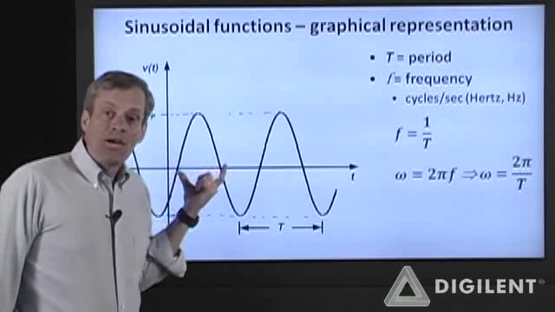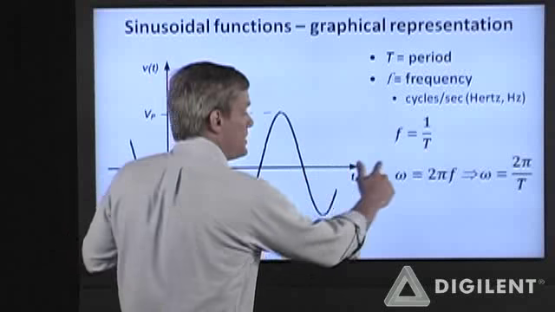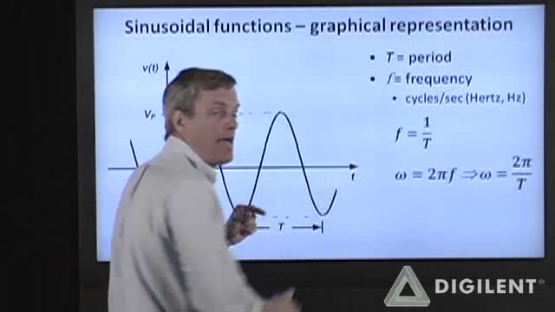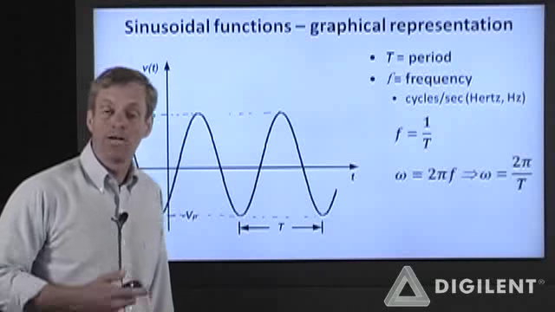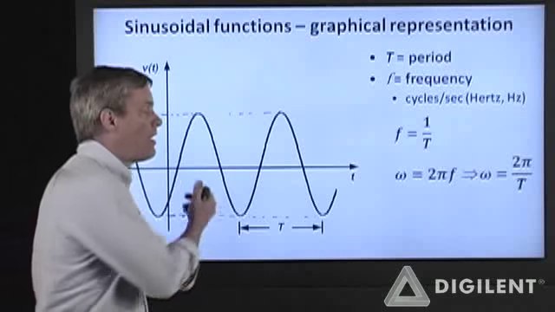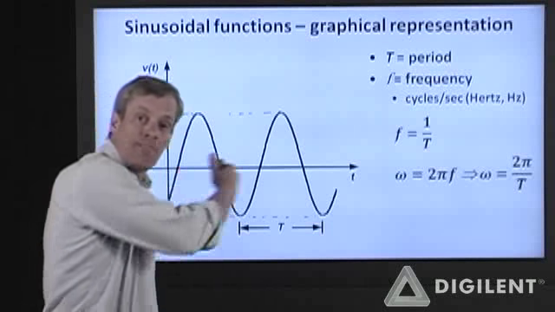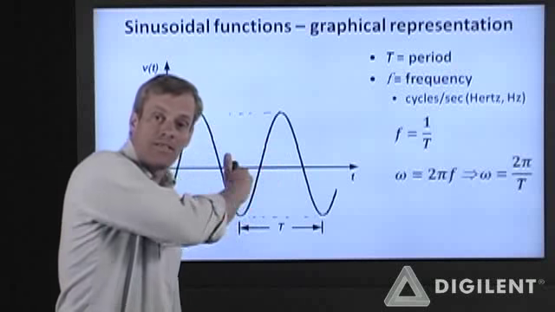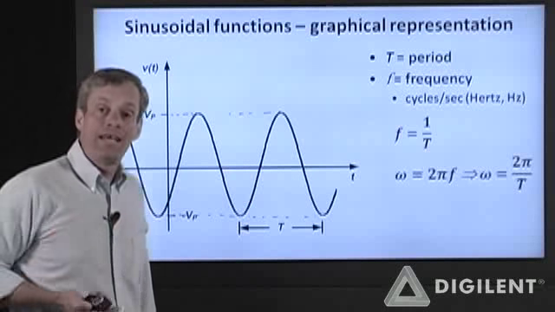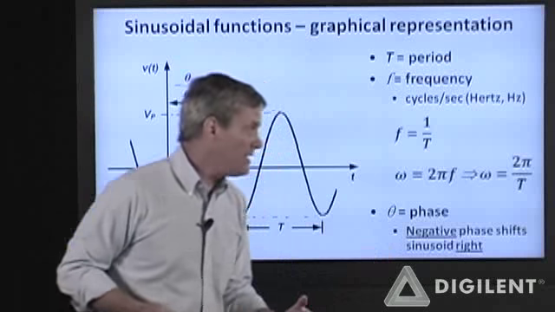The phase angle theta, okay, it allows us to shift this sinusoid in time. Remember when we did unit step functions, we had u0 of t minus a, where the a allowed us to shift to some time period on the time axis. The theta does the same process. So theta is phase.